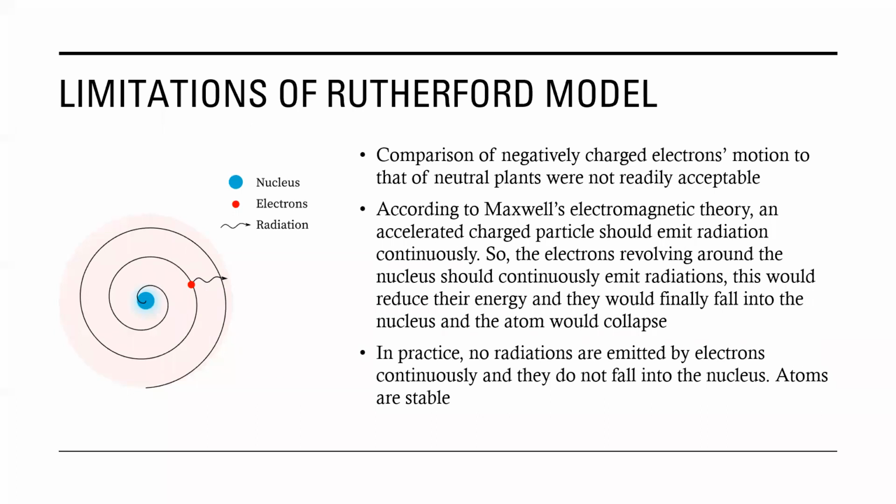In that case, they should continuously emit radiation, which is not practically seen. And also, if they continuously emit radiations, they will lose energy continuously and fall into the nucleus, which is also not seen. So in practice, no radiations are emitted by electrons continuously, they do not fall into the nucleus, and the atoms are stable. These things could not be explained by Rutherford's model. Is that clear to you? What are the limitations of Rutherford's model?